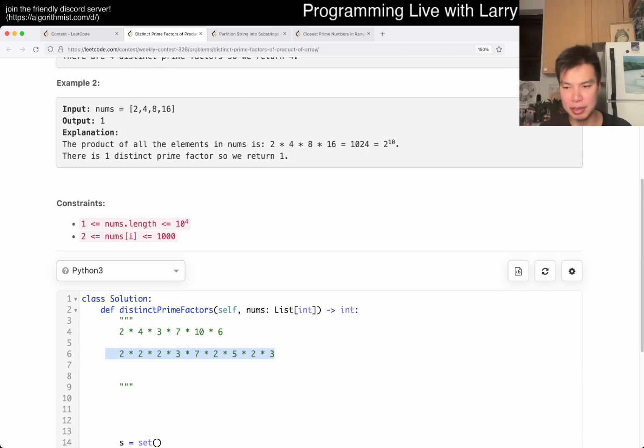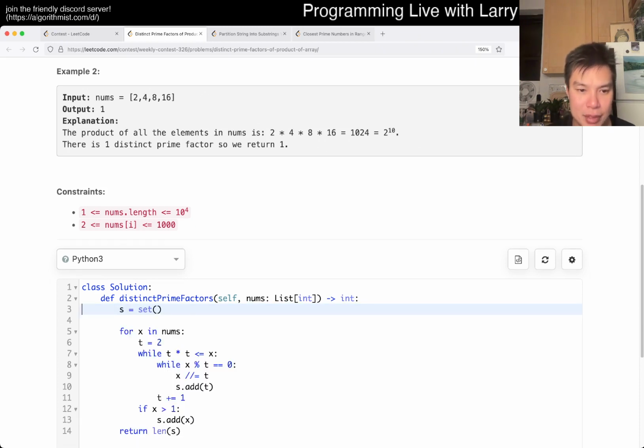And of course, what you can observe is that you don't really need to find the product of the original numbers. You just have to look at all of them and find which ones are prime, and that's pretty much it, really. Then you just put them in a set, as I did, and find the number of distinct ones.